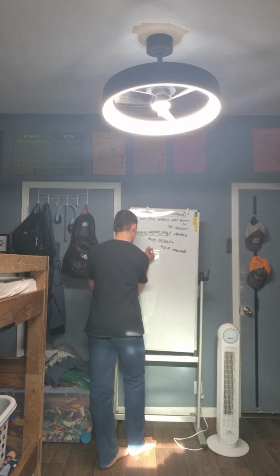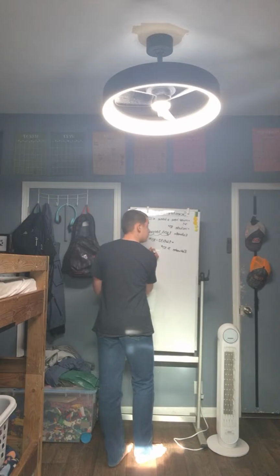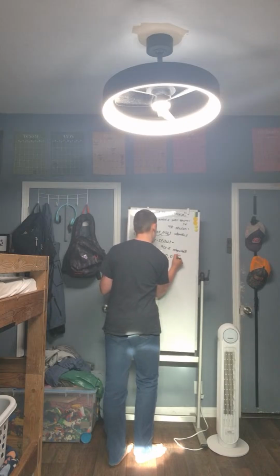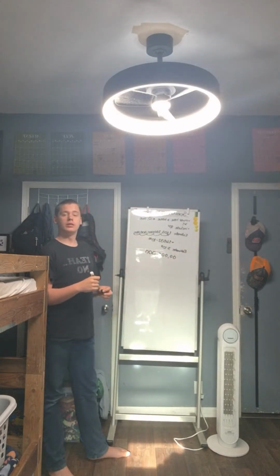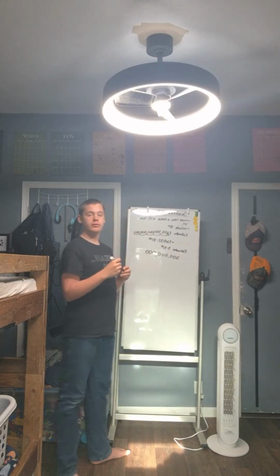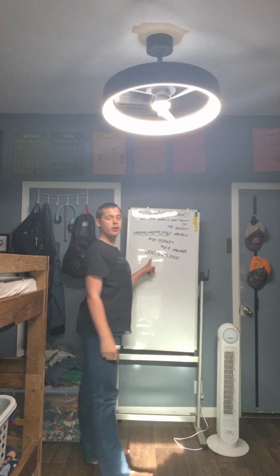So starting at 1, 0, making 2, 0, 3, 4, 5, 6, 7, 8. And we stop there. And then we added 3. See? That's what you use in standard form and in scientific notation.